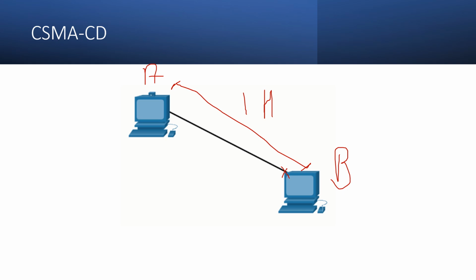In this case, the transmission time should be 2 hours. Then only host A would detect any collision occurring in the channel or Ethernet.